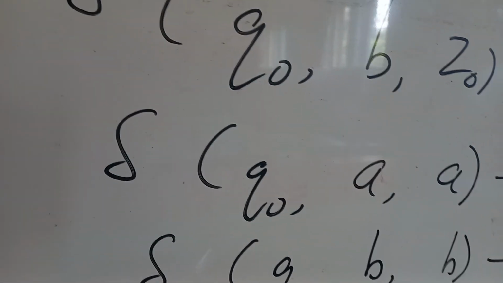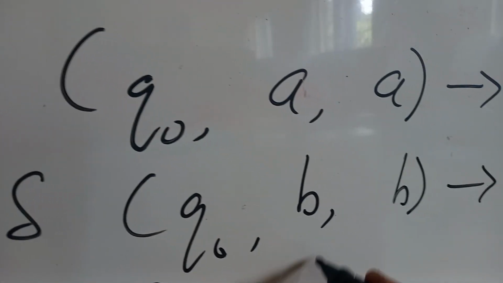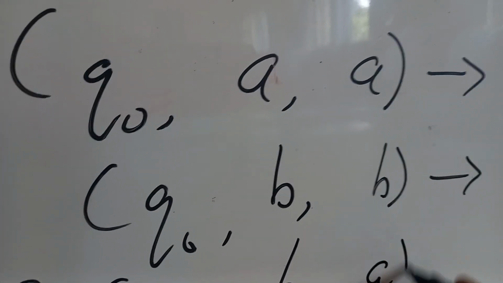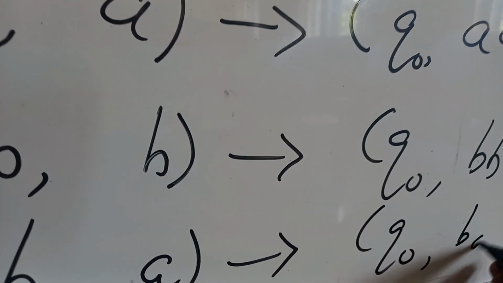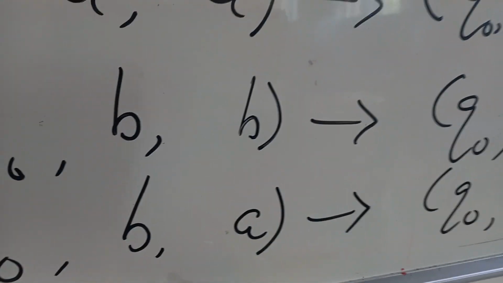Next, if the input symbol is b and the top of the stack is a, in this case also we need to push that onto the top of the stack because we have not got the middle point C.